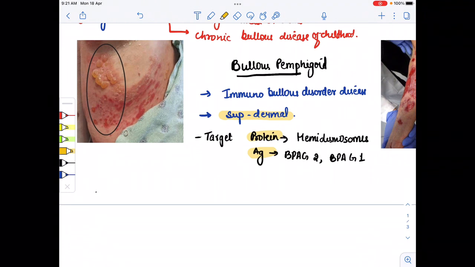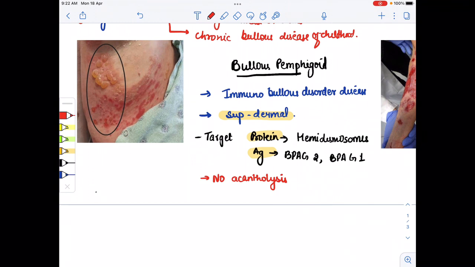But remember here, unlike in the pemphigus group where the acantholysis process is there, here no acantholysis will be there.